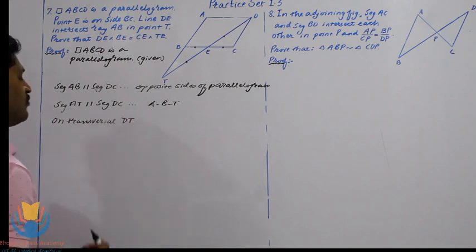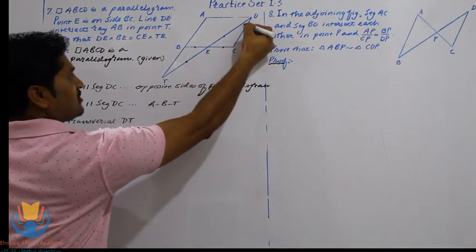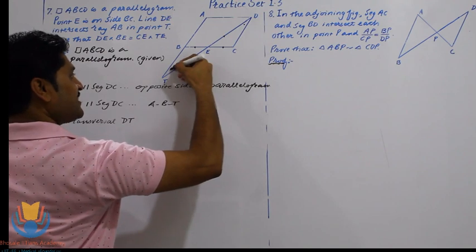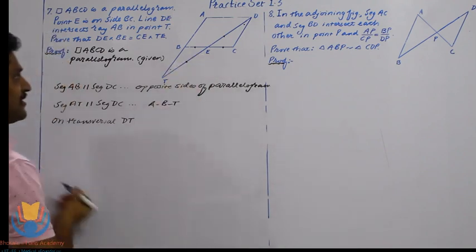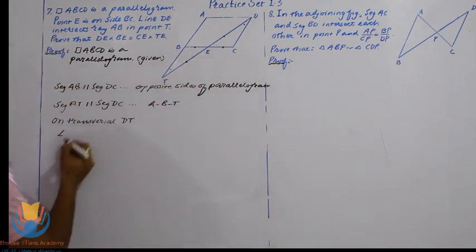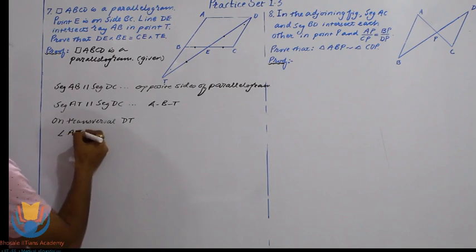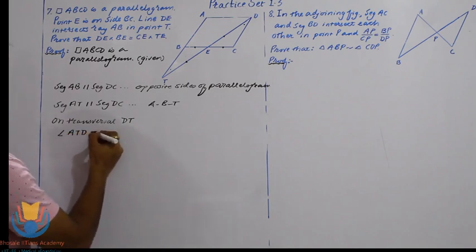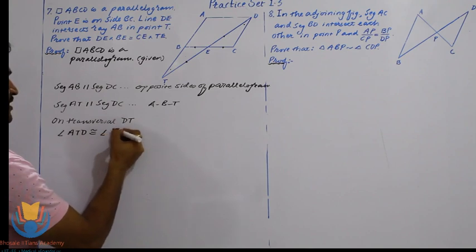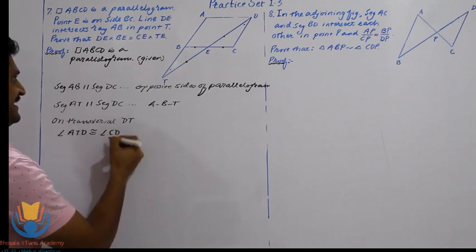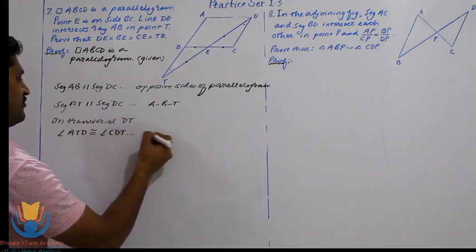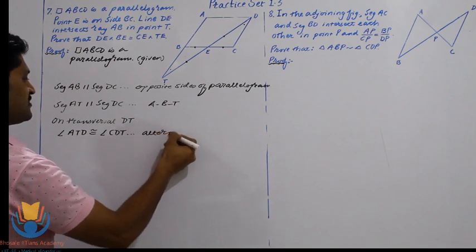So there is one pair of alternate angles. So this angle is going to be congruent with this angle. So we will write their three letter names. So the first angle is angle ATD, which is congruent to angle CDT, and we will write the reason, alternate angles.